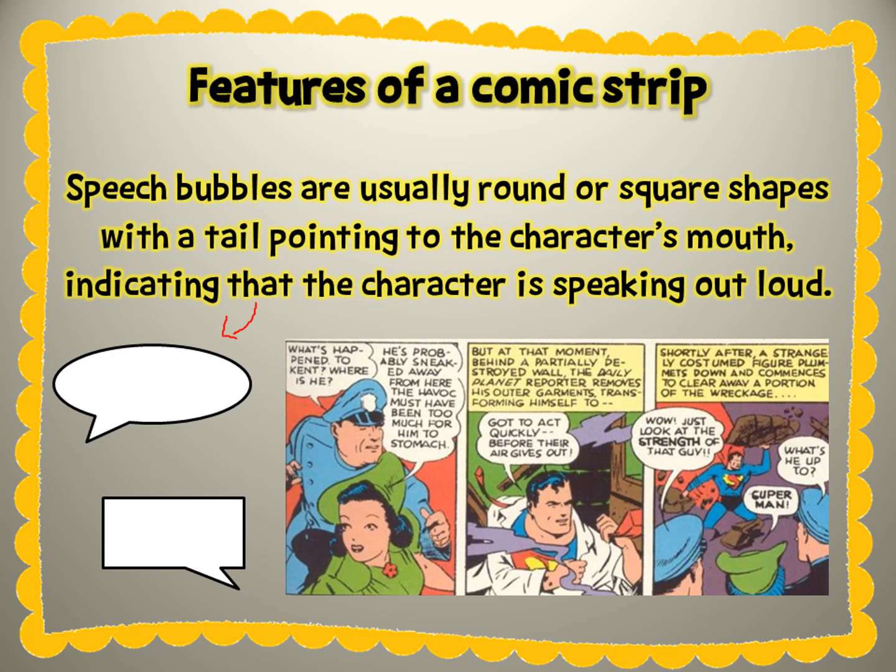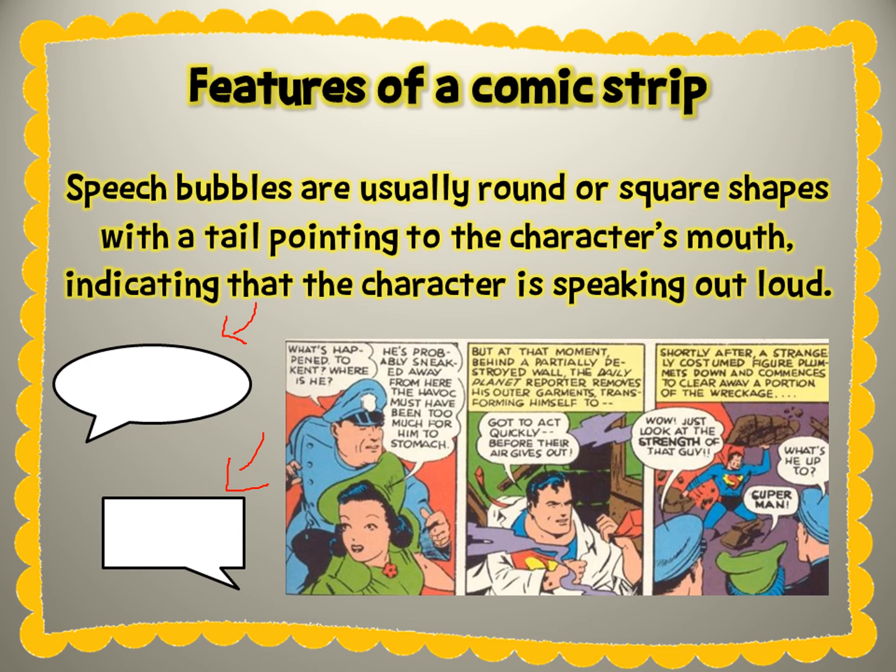Speech bubbles are usually round or square shaped with a tail pointing to the character's mouth, indicating that the character is speaking out loud. So take a look at this section of the comic strip here. Can you identify where the speech bubbles are? Excellent.